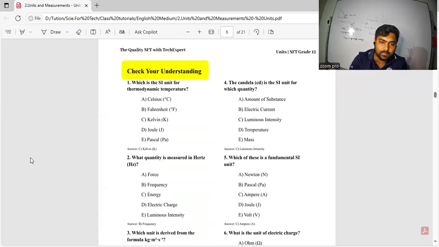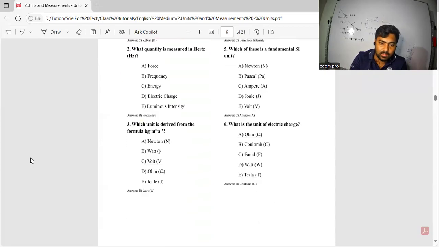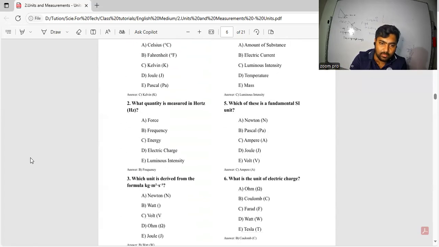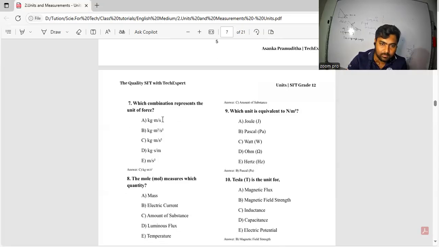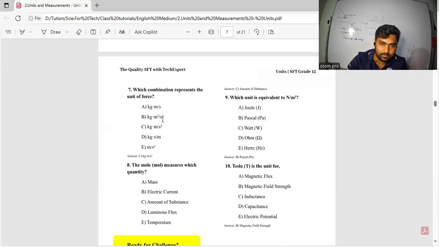Then I think this can be done at your home. So can you try this one?